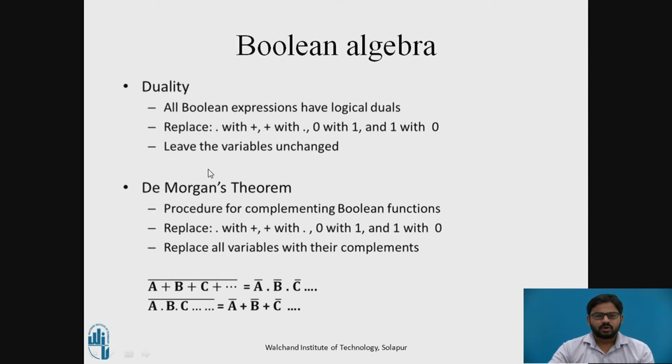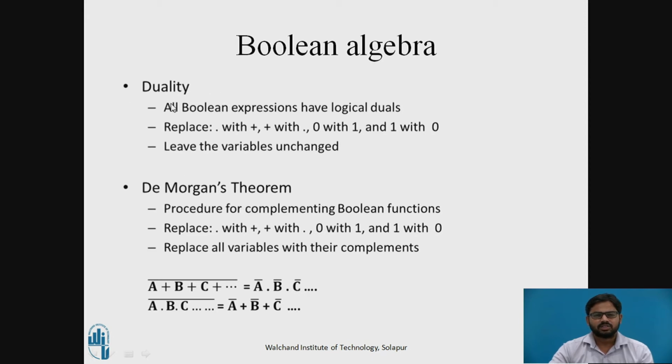So Boolean algebra. What is meant by Boolean algebra? Boolean algebra is the logical expression for all these logics we have studied: AND logic, OR logic, NOT logic, XOR logic, XNOR logic. In Boolean algebra, 2 main theorems are there.